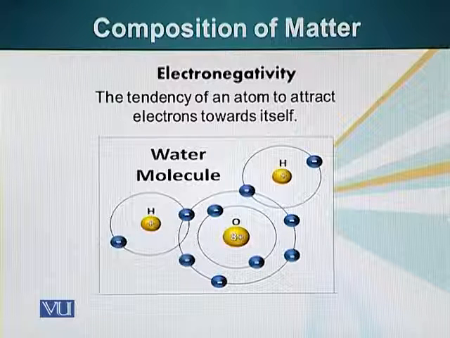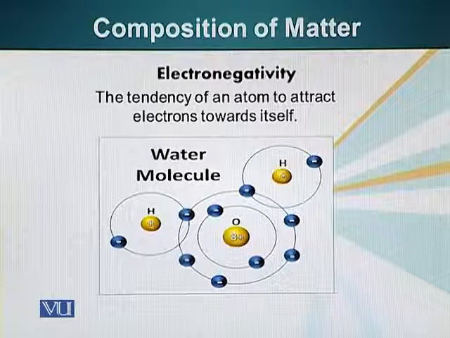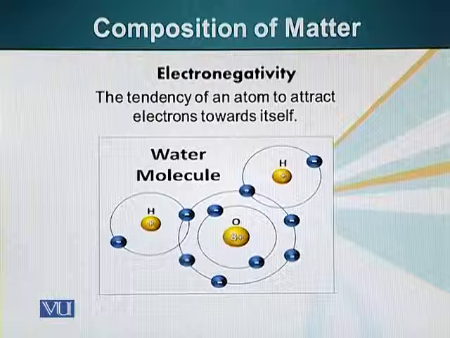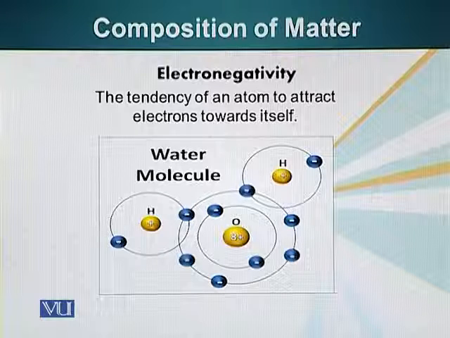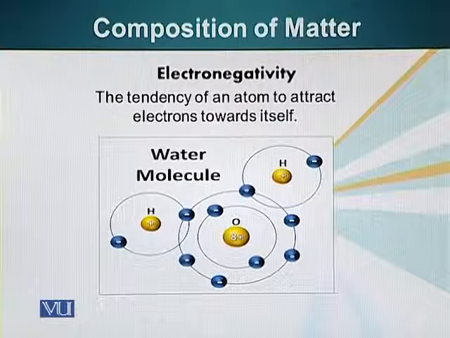So if we think about it, 8 protons will have a much greater pull on the electrons that oxygen atom is sharing with hydrogen. So naturally, since it has more hold on the electrons which it is sharing with hydrogen atom, it keeps those electrons closer to itself.